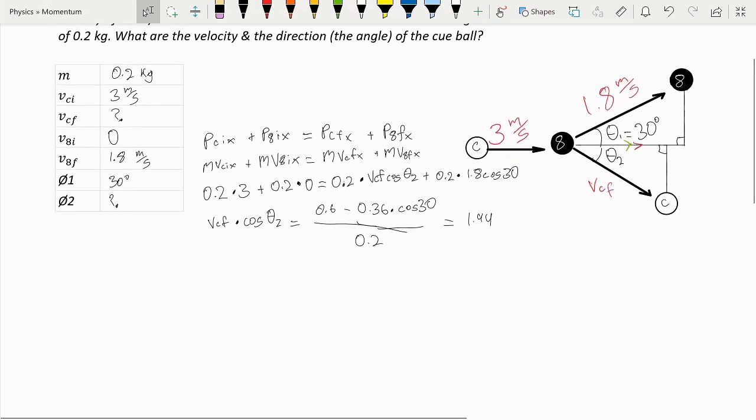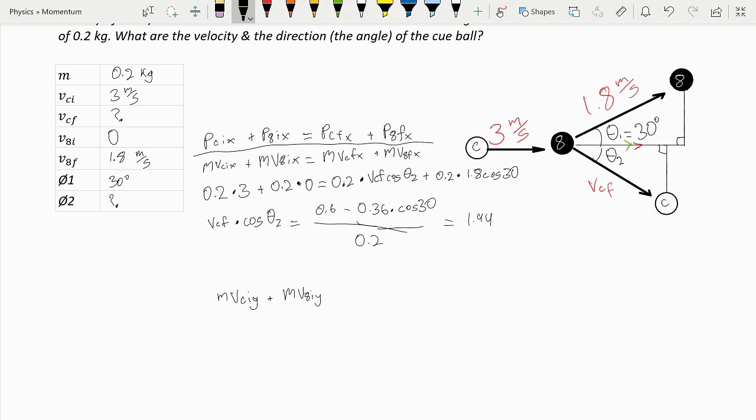And now similarly for the y direction, I'm not going to write this again for the y direction, but it's equal to mv of the cue ball initially in the y direction, plus mv, the velocity of the 8 ball initially in the y direction, and this is equal to mv, so the velocity of the cue ball finally in the y direction, plus m times the velocity of the 8 ball finally in the y direction.